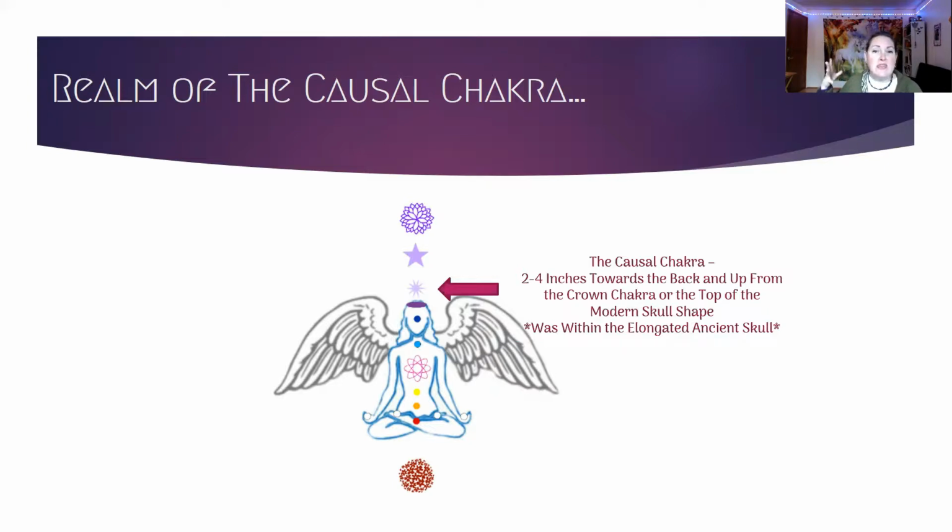And so the causal chakra is actually within that structure. If you can imagine, just from your forehead, instead of going back and around, it went up and around and was a kind of elongated shape.